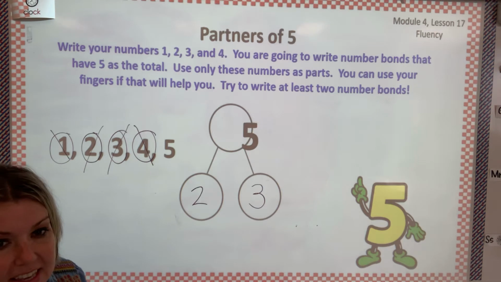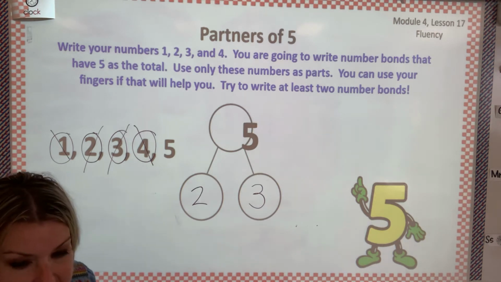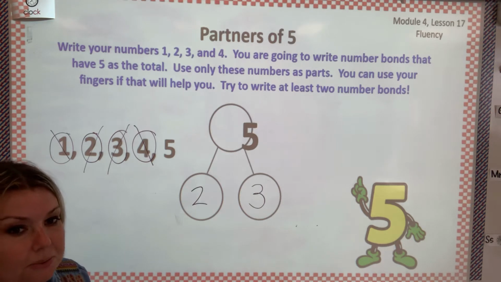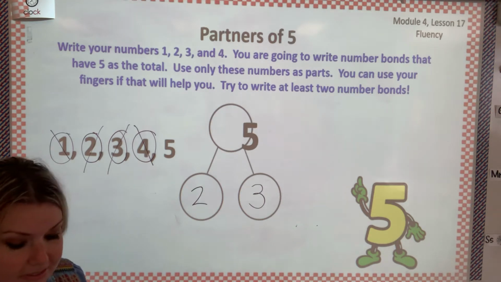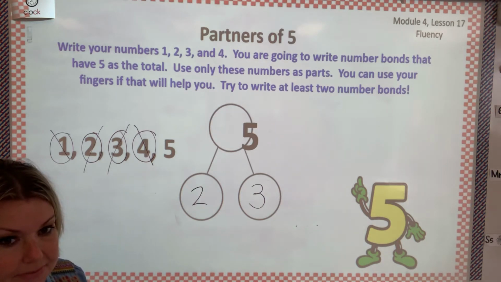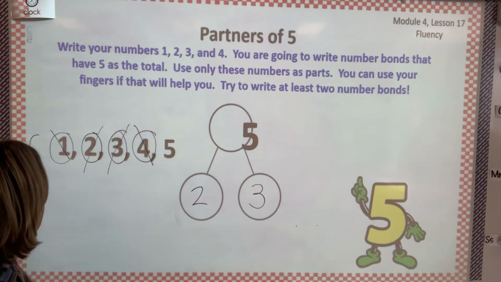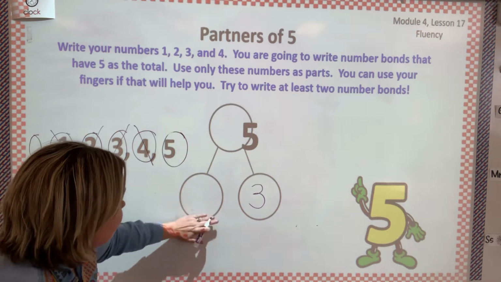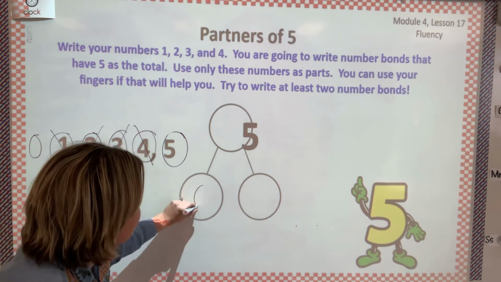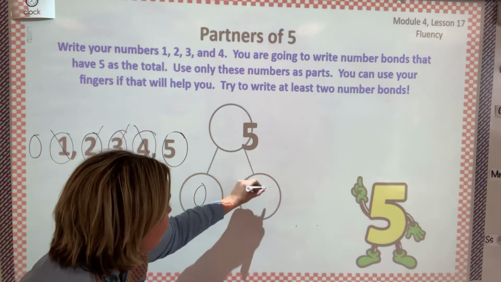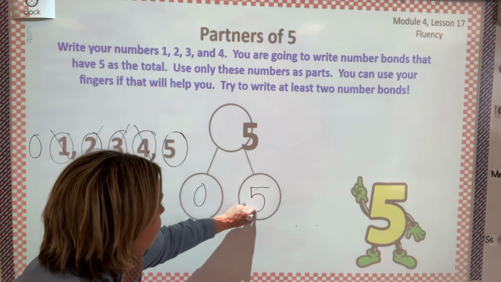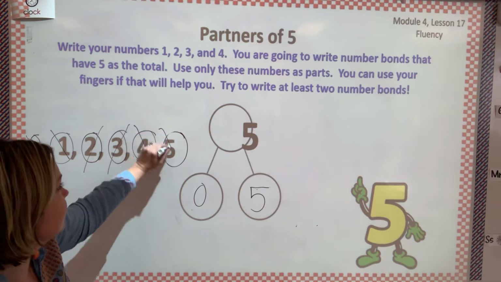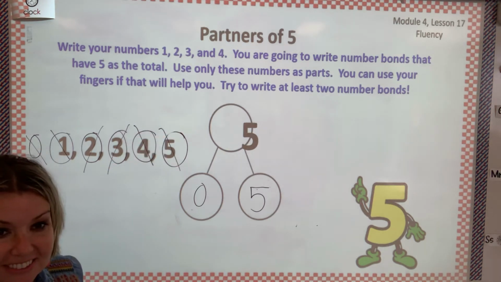Are there any other ways to make 5? Ryan. 0 and 5. 0 and 5 can make 5. So did we use all of these numbers to make 5?